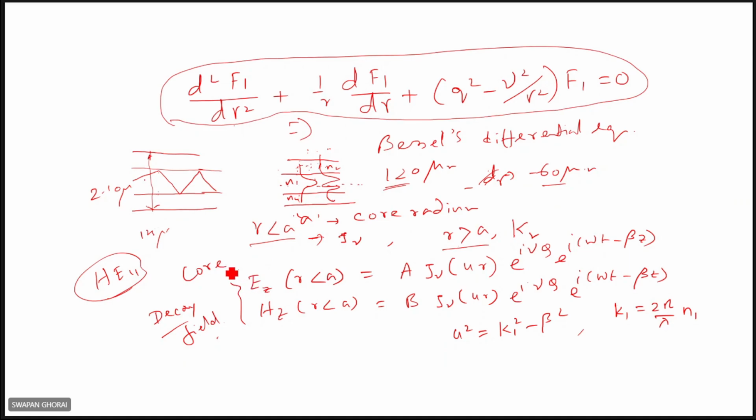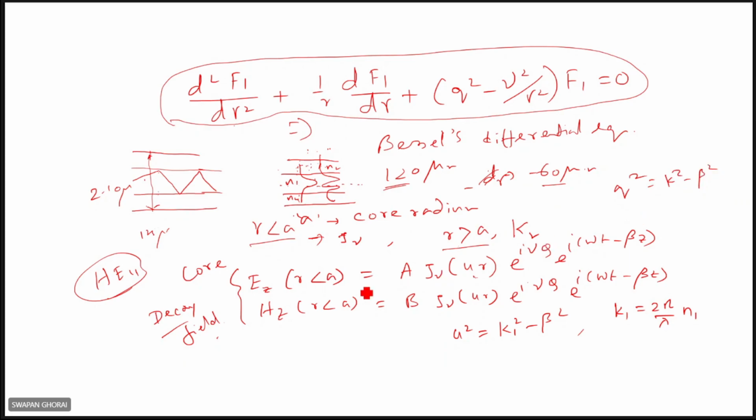So within the core, when R is less than A, we can write the solution in this form. A Bessel function J nu of U R will be there. This U is from a substitution. We have seen that q square equals k square minus beta square.